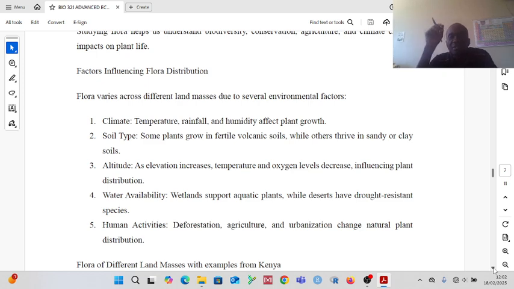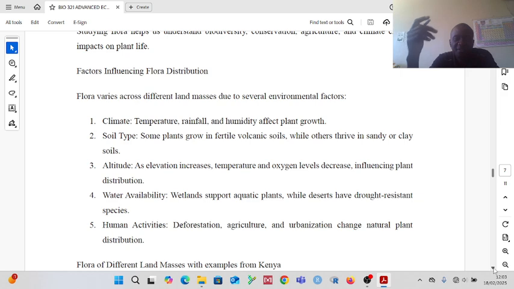The type of soil that is present in that environment, because some plants will grow just in a given type of soil. There are some which will need fertile volcanic soils, while others will do better even in a sandy soil or clay soil. The altitude, how elevated is a particular area.